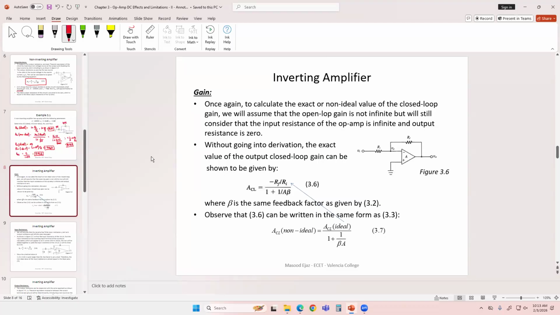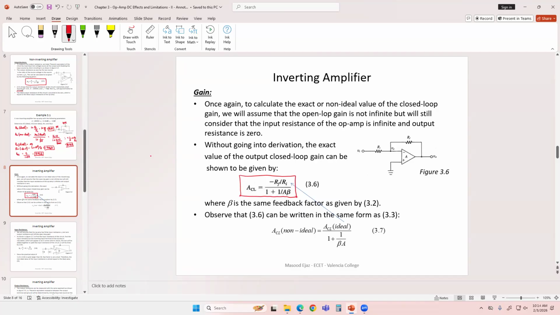Inverting amplifier, the second circuit, that is a very basic circuit. Let's look at the non-ideal parameters of the inverting amplifier. The closed loop gain non-ideal is given by the expression that you see here, 3.6, negative RF over R1 divided by 1 plus 1 over A beta.